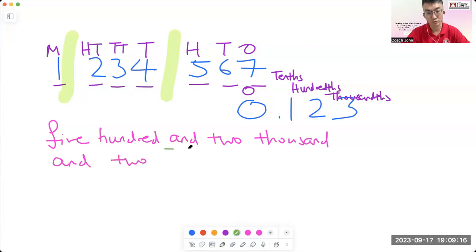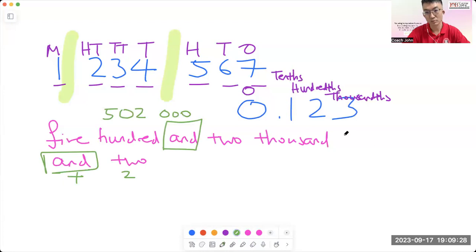Take note of the 2. This is under 502,000 and 2. So when you add them together, the number is 502,002. Common mistake may be just writing 502 and that's it. Okay.